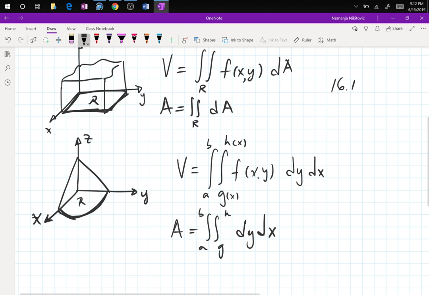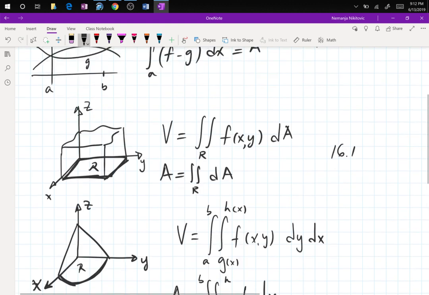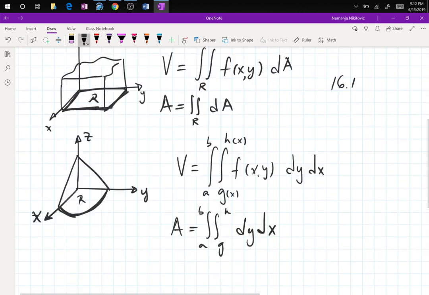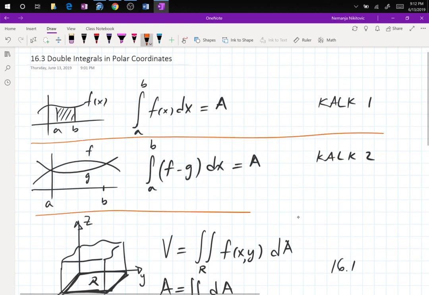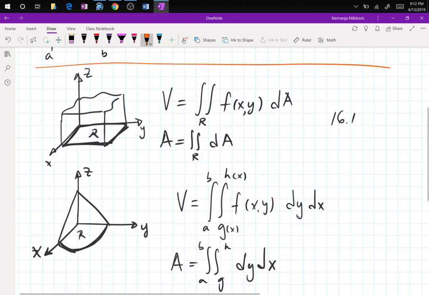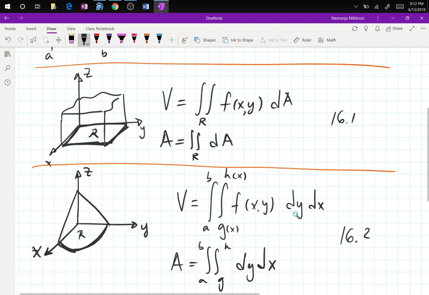The goal for today is to, let me just separate all of these. So there's one, there's another one, there's another one, and this was our 16.2.